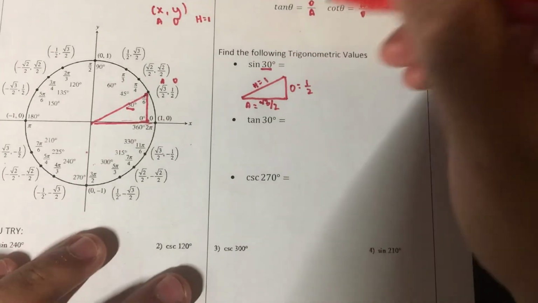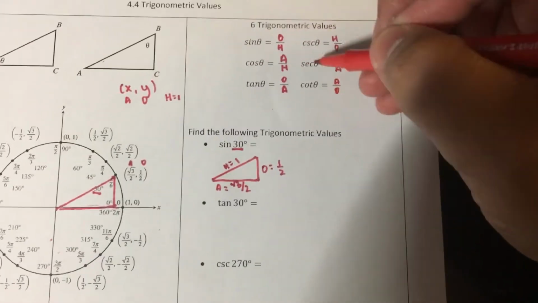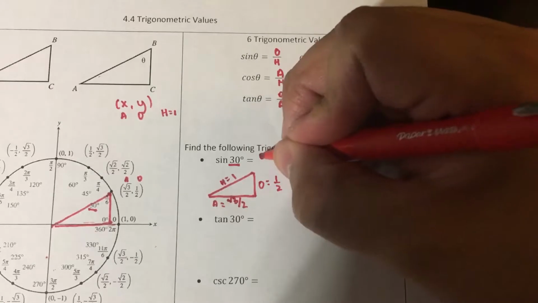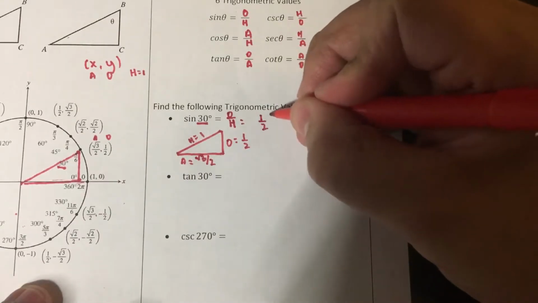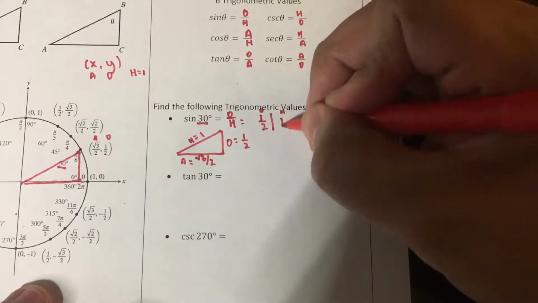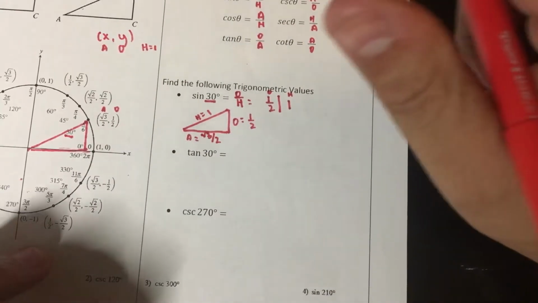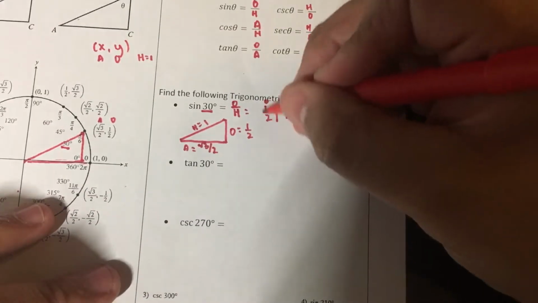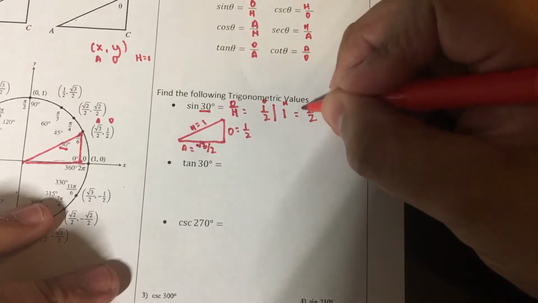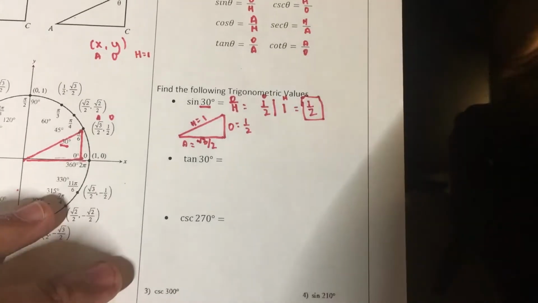Okay, and so sine of 30 degrees is sine equals O divided by H, which would be 1/2 divided by 1. And the good thing about this one, when I divide by 1, it's always just equal to what I have on the top. So this is just equal to 1/2. That's the answer. Okay?